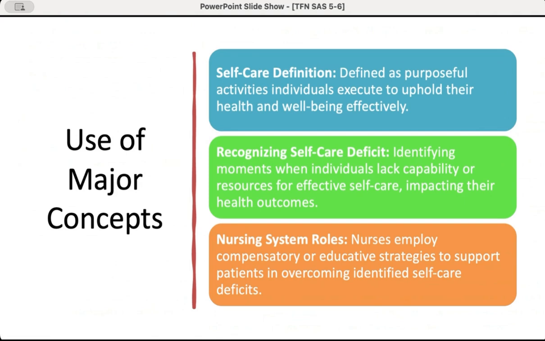We really have to go back to health education because that is your primary role in healthcare. Considering that your patient has self-care deficit, you must be able to identify that at the time of your assessment.